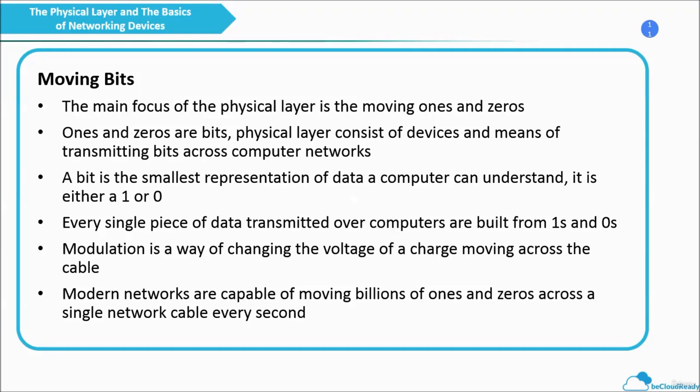Modulation is a way of changing the voltage of a charge moving across a cable, and this is necessary, remember, in order to transmit the differences between ones and zeros. There are always going to be two different ranges. One range will represent the 0 and the other range will represent the 1. Modern networks are actually capable of moving billions of ones and zeros across a single network cable every single second.